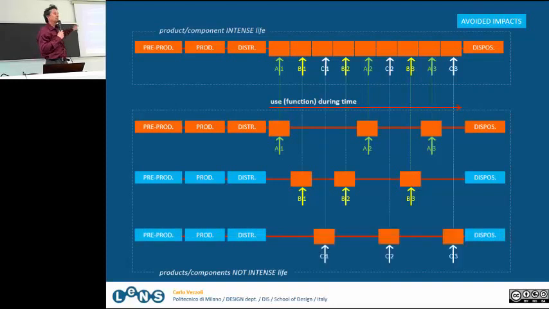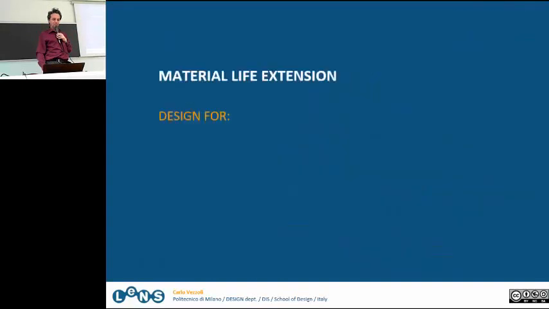Of course, the additional impacts are given by the additional pre-production, production, distribution, and disposal of these other two drills compared to the preliminary situation. Of course, this is a schematized situation, but to give you an idea. In fact, this is linked to when the lifespan is independent from the length of use. I don't go into the detail of that because it's a bit complex here. But you get the point, right?